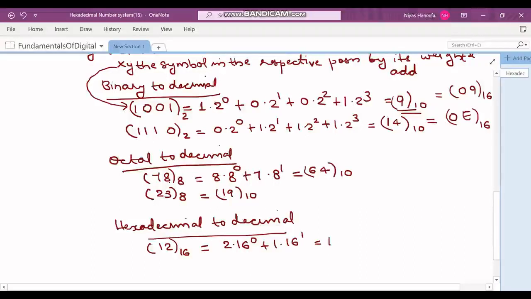So 2 plus 16, 18. This is in decimal. If you have 32 in hexadecimal, what will be the value? 2 into 16 raised to 0, plus 3 into 16 raised to 1, which will be equal to 50.